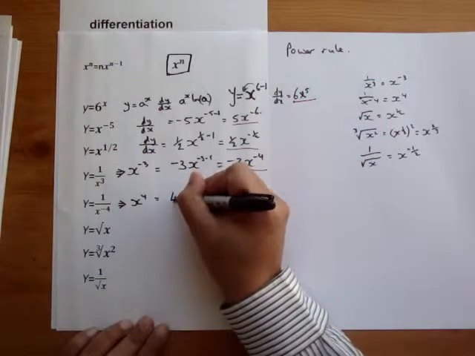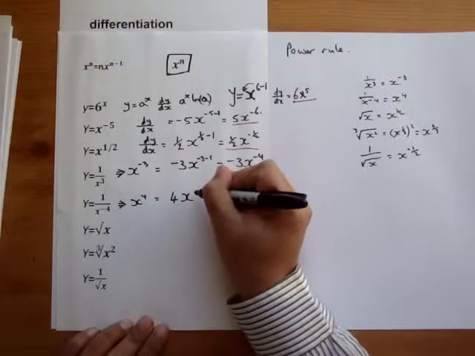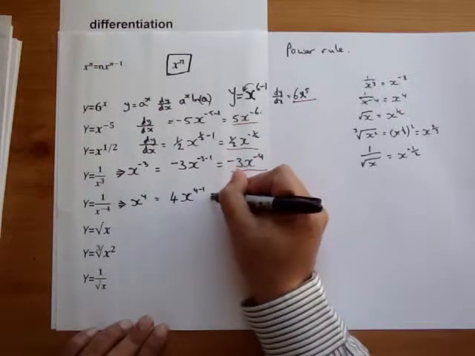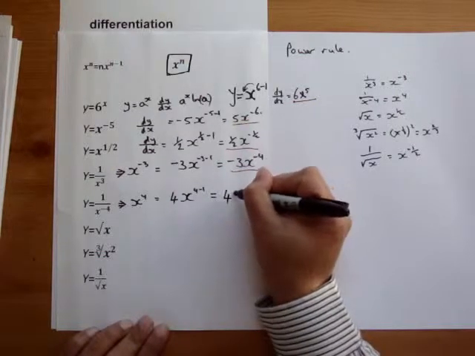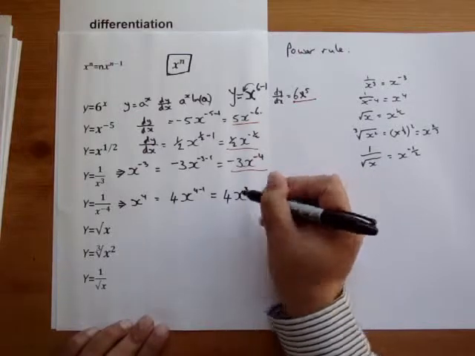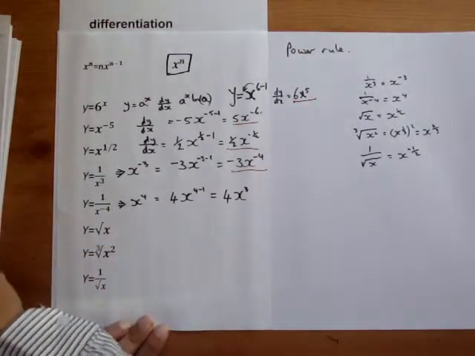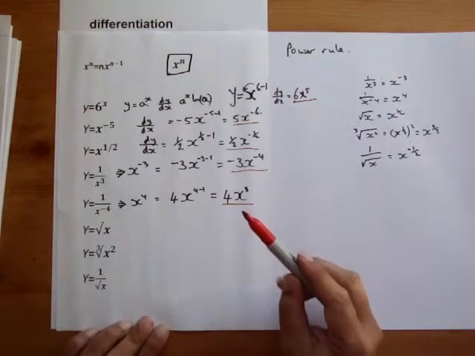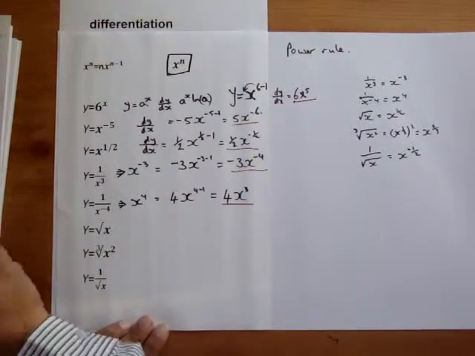Bring the 4 down. X to the 4 minus 1. So that becomes 4x, and 4 minus 1 is 3. And that is our answer. The derivative of 1 over x to the minus 4 is 4x cubed.